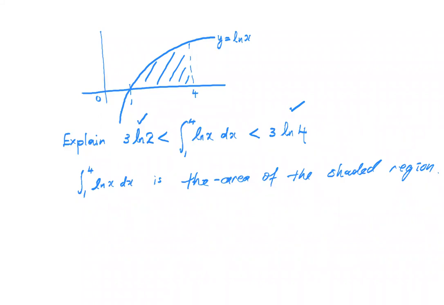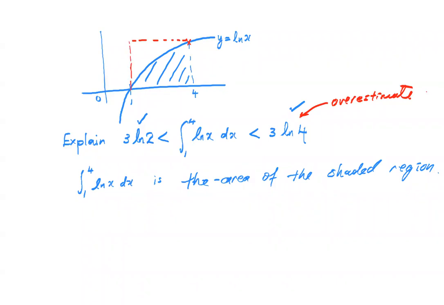I know this will be the overestimate. Correct? Because the area of the shaded region is less than that. So overestimate means there is a certain part of that shape which the shaded region doesn't cover. So I will get this point and draw this rectangle.